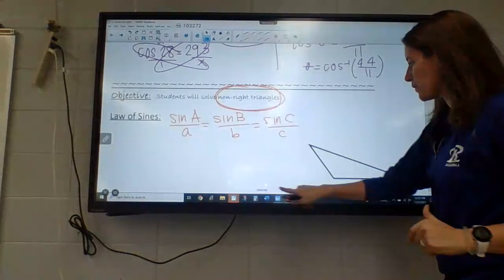So I'm cross multiplying these together. And I want to get a alone. It's being multiplied by the sine of 40. So instead I'm going to divide by the sine of 40. Because that has to move kind of as one piece. So now this is kind of a lesson in your calculator as well.